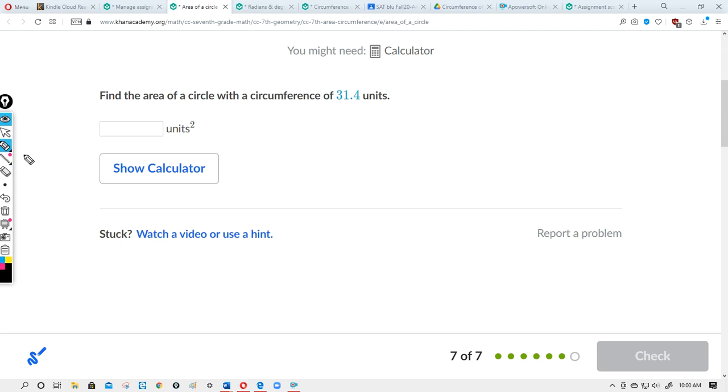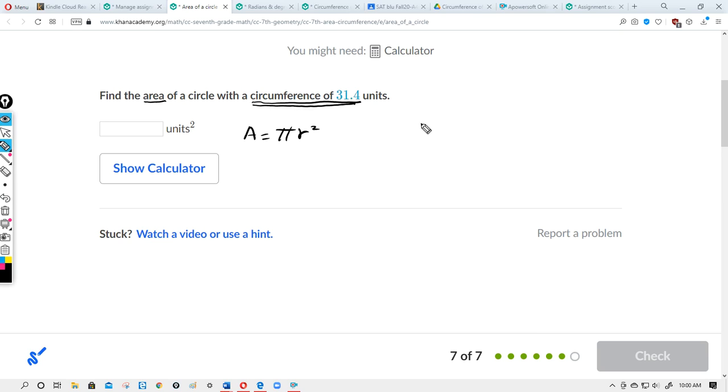Last one. They want us to find the area when the circumference is 31.4. Remember for the area formula, we need r. So we need to find the radius r from the circumference.